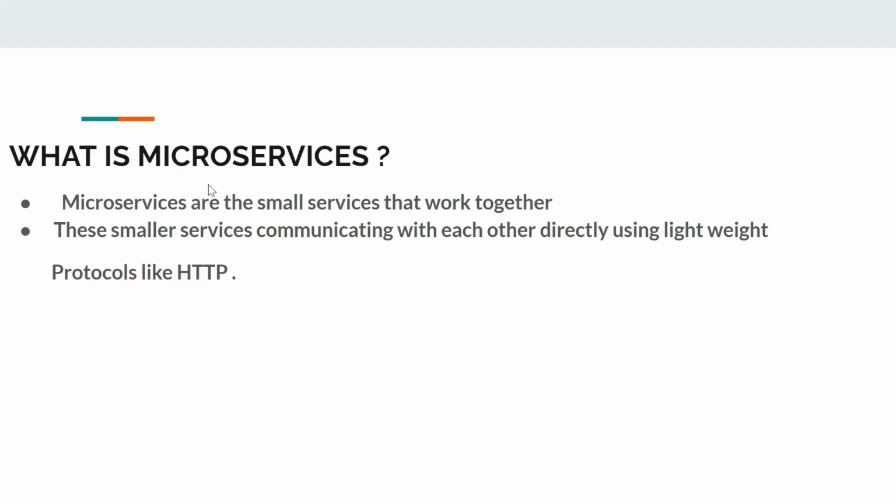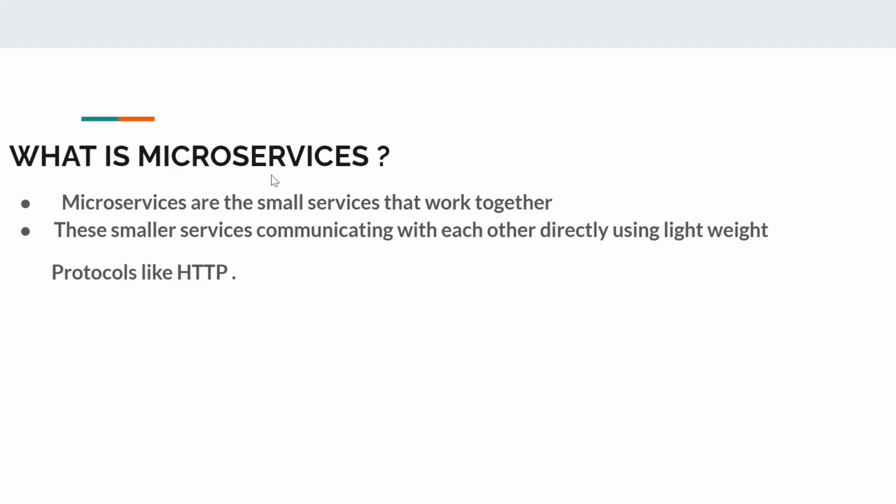For example, on an e-commerce site, the cart is divided separately, the product separately, buy now, and payment gateway APIs are divided. So small services are divided, and each is deployed like a separate project on a virtual machine.